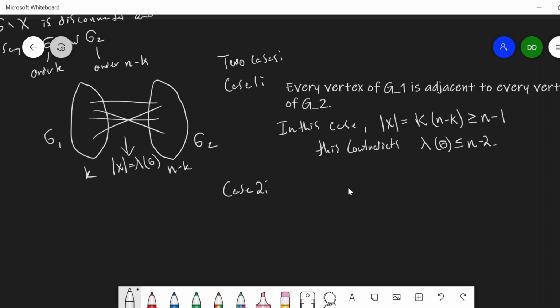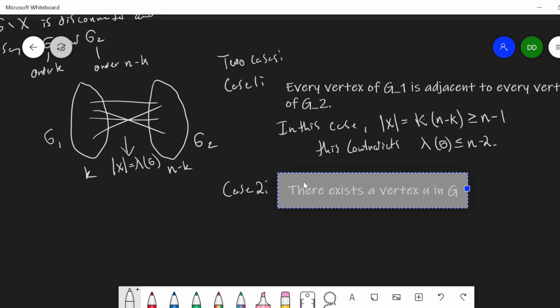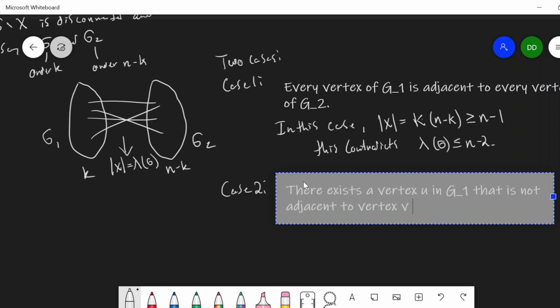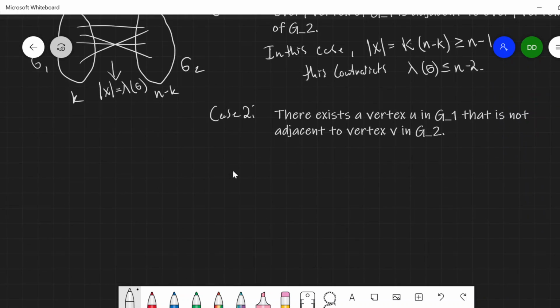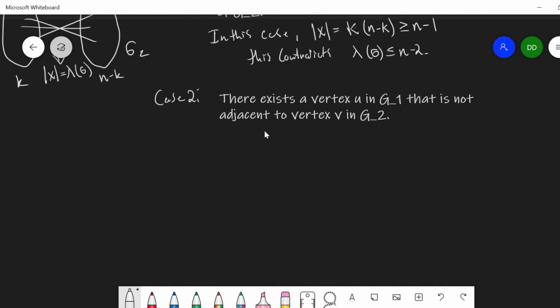So case 2: what's the negation of the statement above? Well, that would be that there exists a vertex U in G1 that is not adjacent to a vertex V in G2. So there's at least one non-edge between G1 and G2. Let me redraw our situation here. Here's G1, and here's G2.